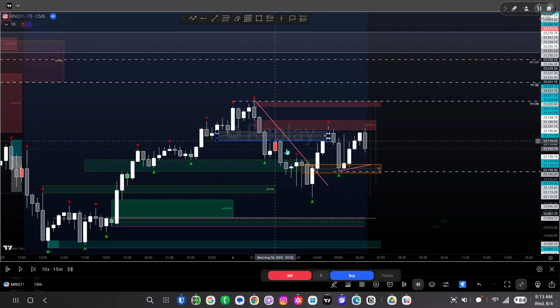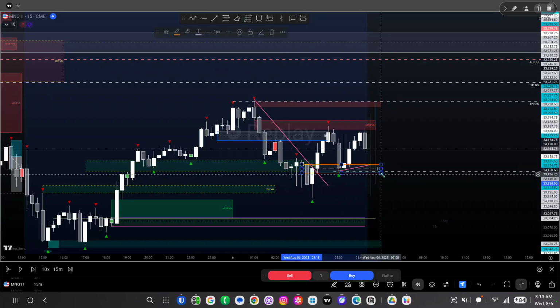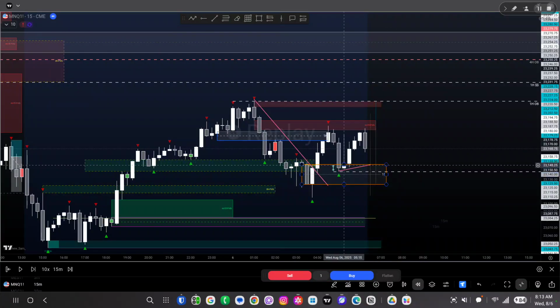So whenever there's a 15-minute trend line break, you make sure you draw out the last S&D of this move, which is here. This is a demand zone on the 15. Draw out this last one, and if price comes down here, expect price to react around it.